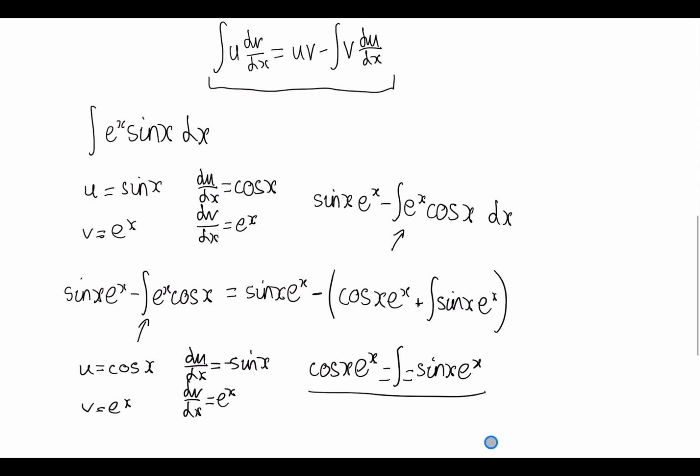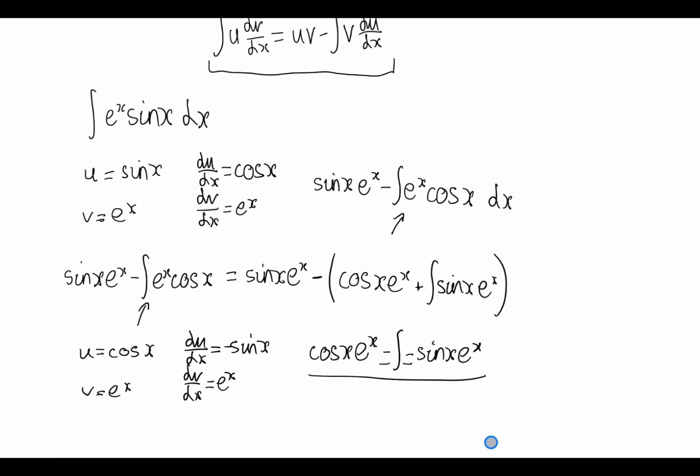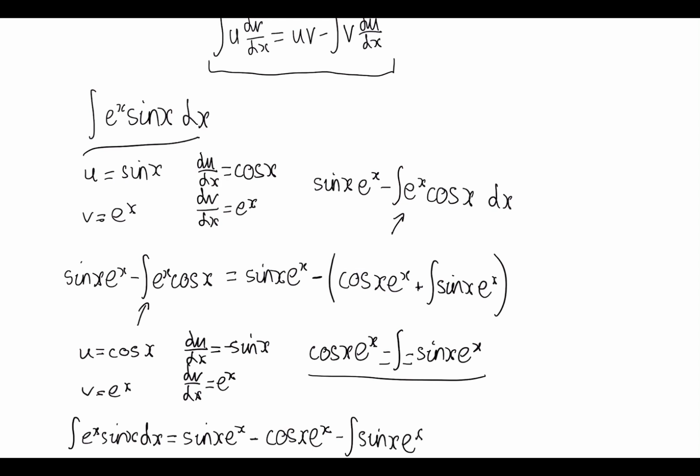Now if we go down, we can simplify this. So we have the integral of e to the x sin x dx is equal to, this is just our original integral, sin x e to the x minus cos x e to the x minus the integral of sin x e to the x.